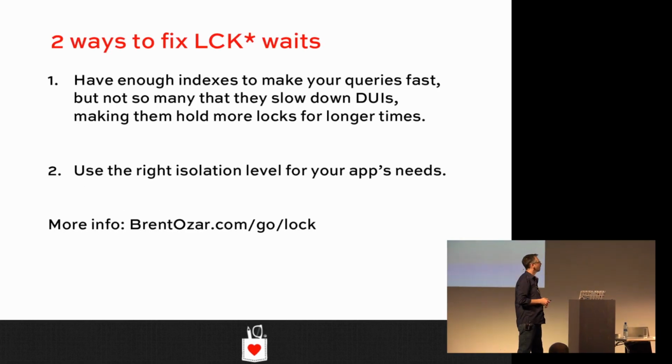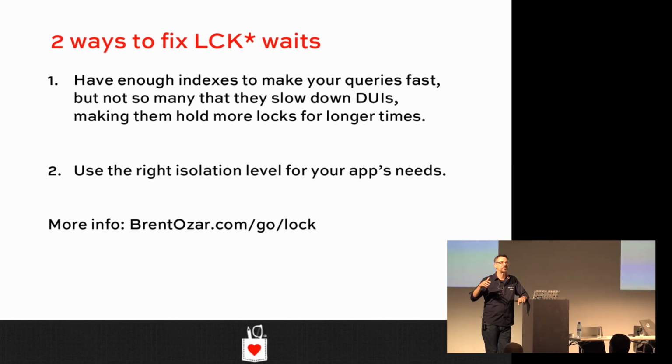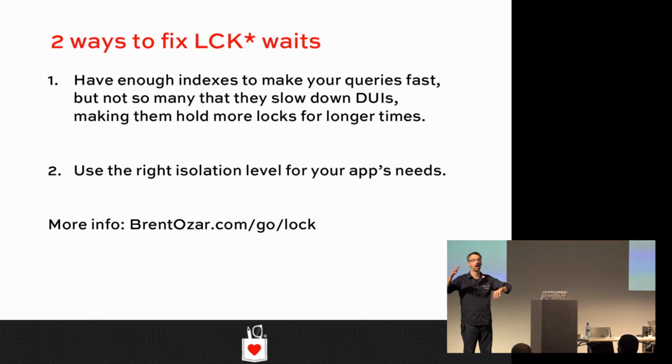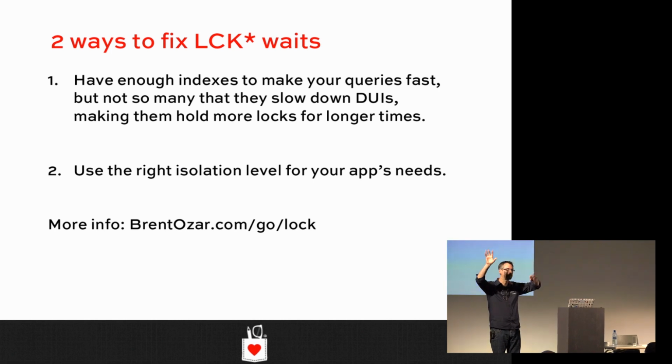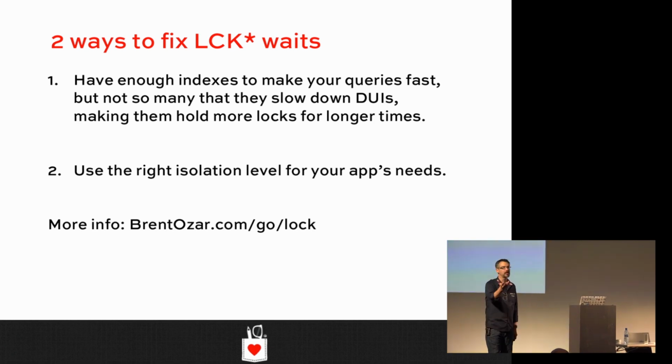So what we talked about through here, first off, you want to have enough indexes that it makes your queries go fast, but not so many indexes that it makes your query go slow. This is the magic rule of 5 and 5. You want to use the right isolation level for your app's needs. If you're building a new app in the year 2017, check out RCSI.